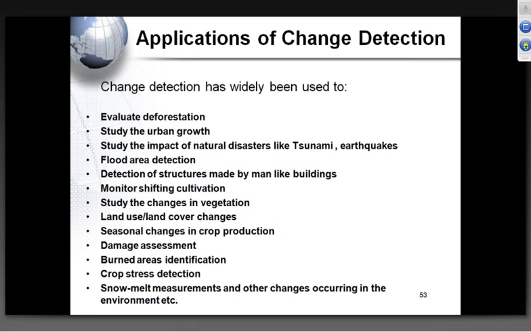So this is a classification of all the things that have occurred over the Earth's surface. So it certainly is a very important topic, and a very innovative research area even in image processing, that is the change detection over Earth's surface.